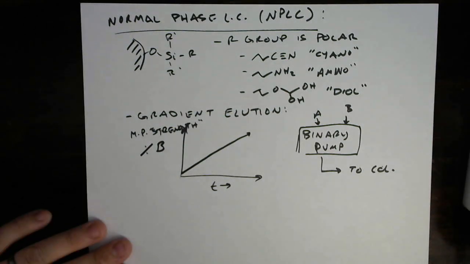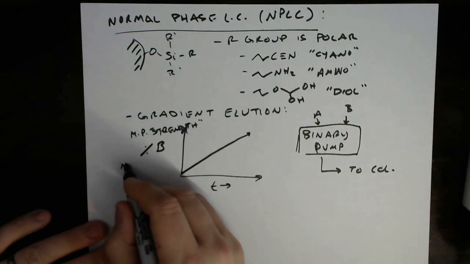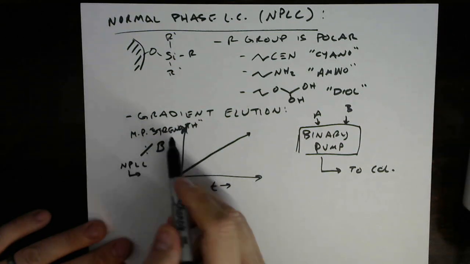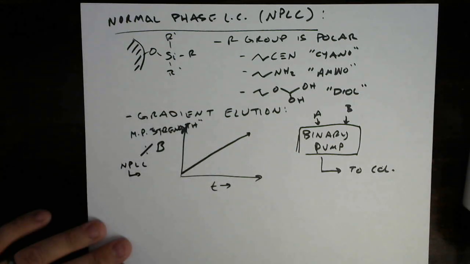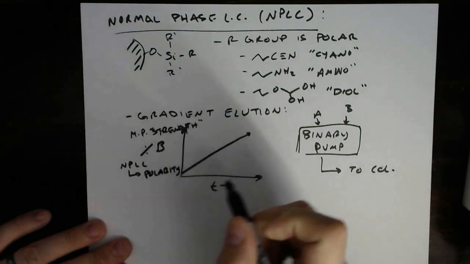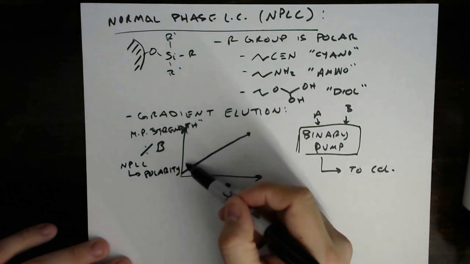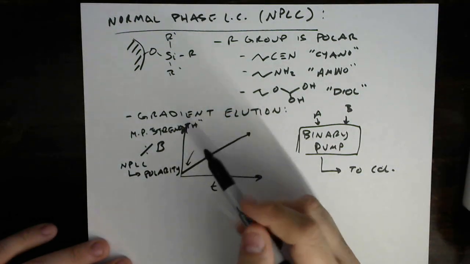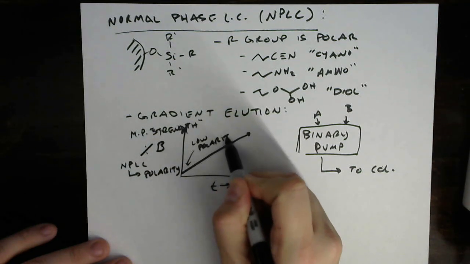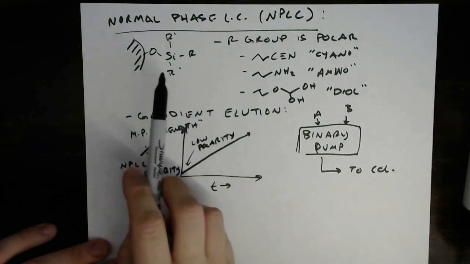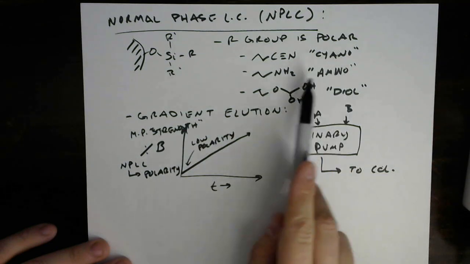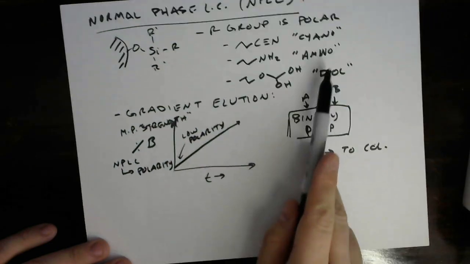So for normal phase liquid chromatography, the concept of mobile phase strength is synonymous with talking about polarity, right? At the start here, we'd have a pretty weak mobile phase, and that would be a mobile phase of low polarity. Why is it weak if it's low polarity? Well, that's because the stationary phase is going to be relatively high polarity based on these functional groups.